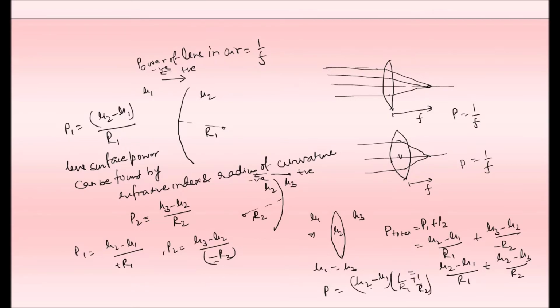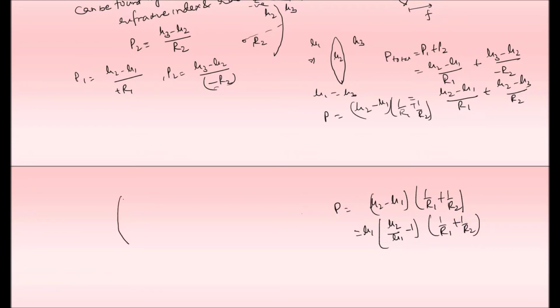So in this way we get power P is equal to (mu2 minus mu1) into (1 by r1 plus 1 by r2). If we divide this term by mu1 and multiply it by mu1, then we get mu1 into (mu2 by mu1 minus 1) into (1 by r1 plus 1 by r2).